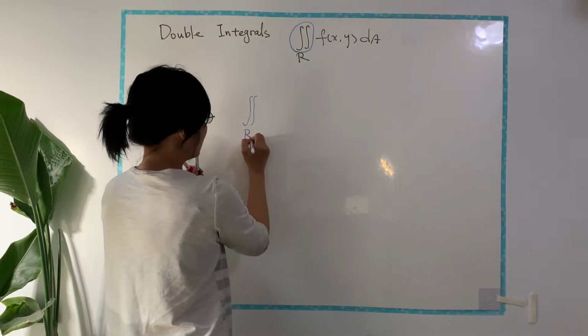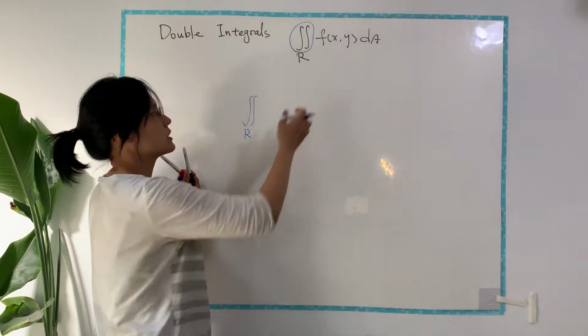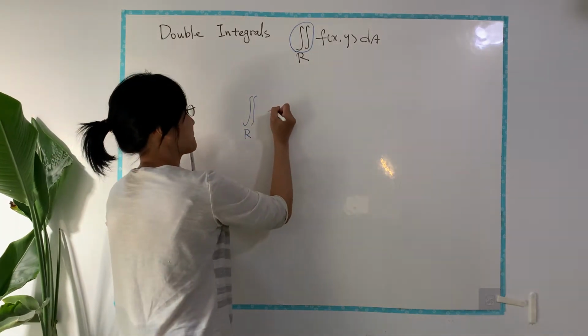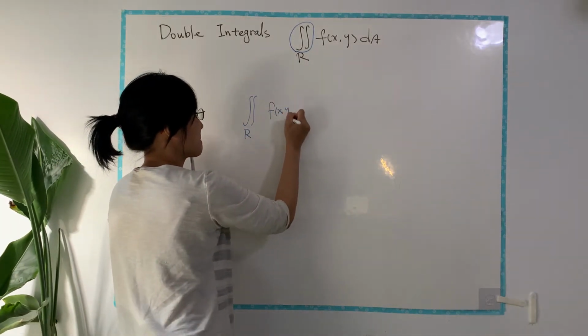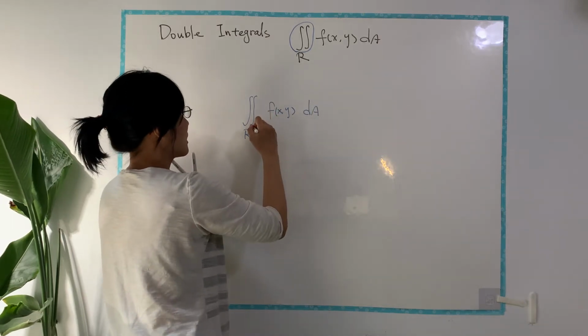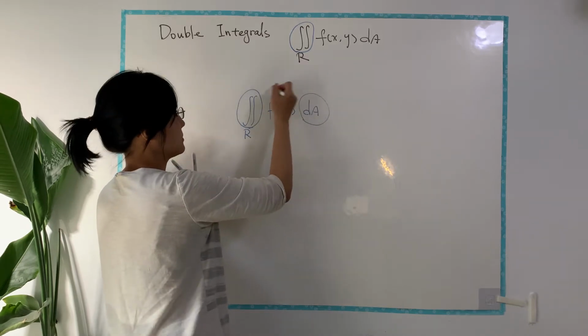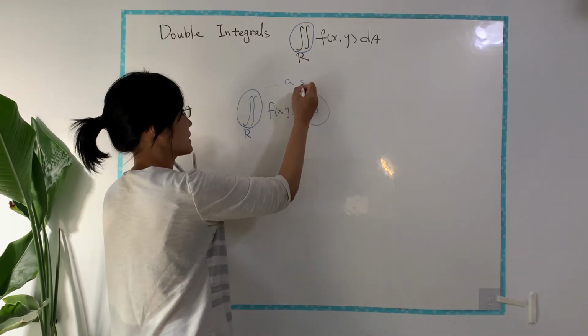The R here refers to the region that you integrate the function over. And the dA, this double integral notation and dA, they come together, so this is a set. Do not separate them.